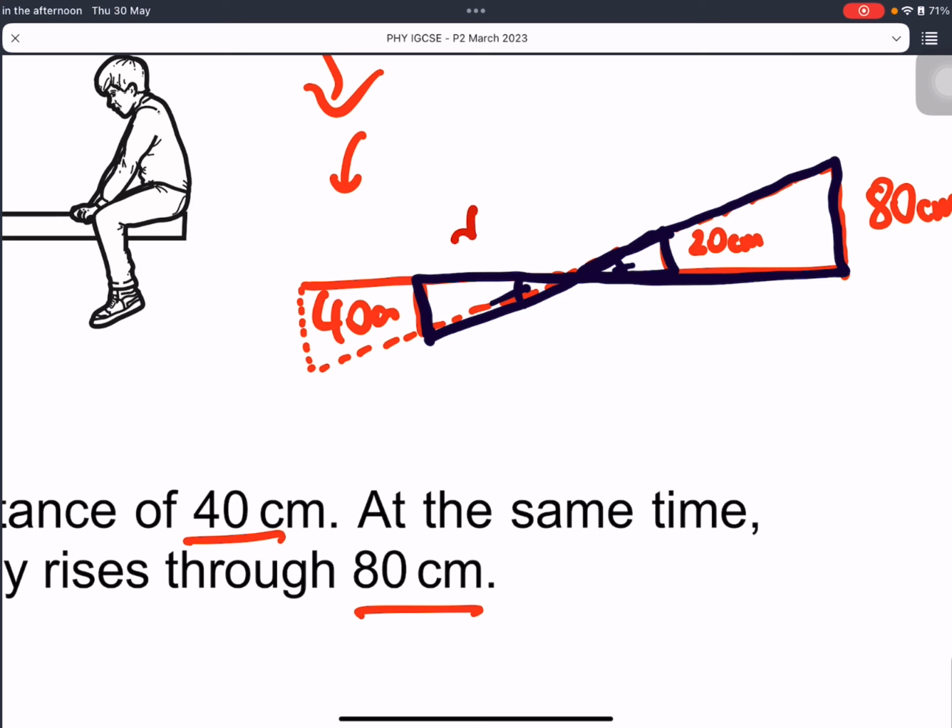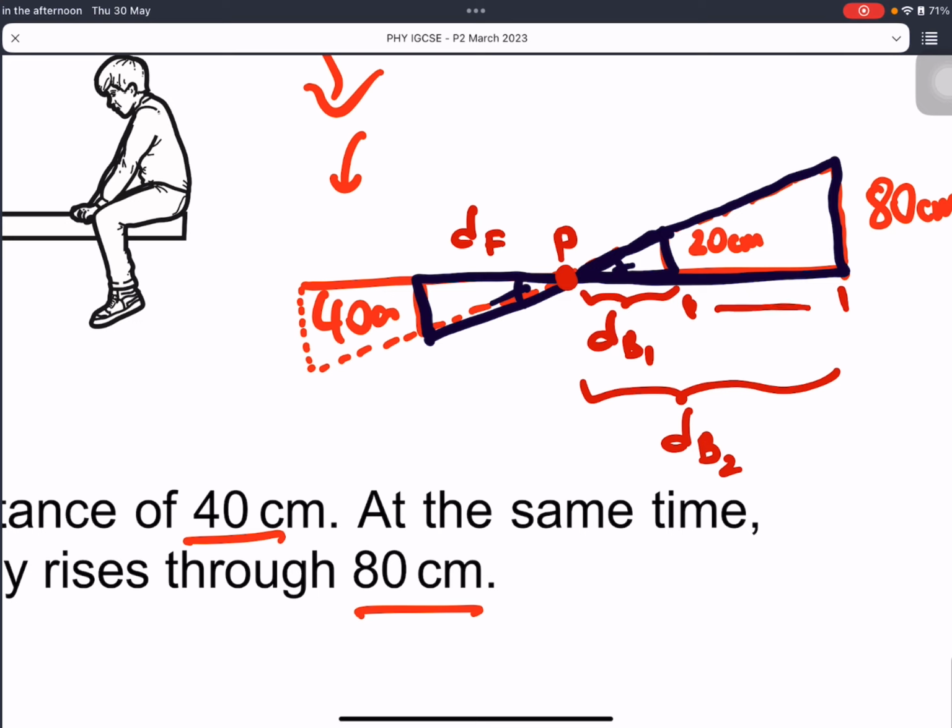This is going to be the distance of the father to the pivot P, this is the distance of boy 1, and this is the distance of boy 2. We should be very careful: it's not from here till here now. The lever arm is from the rotational point to the location of the force.